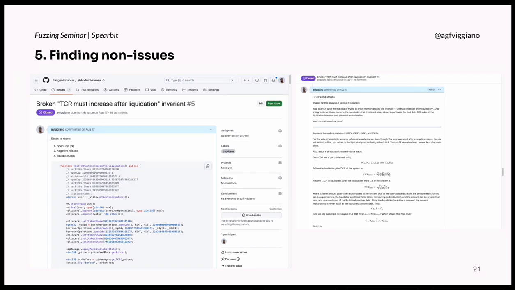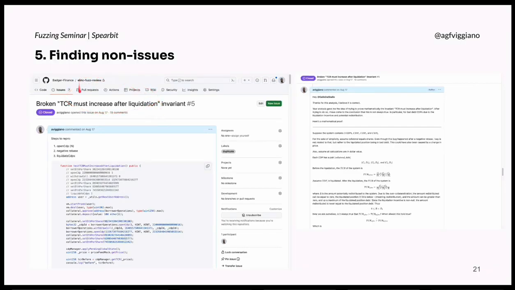So here one example was this invariant of TCR, the total collateralization ratio of the system should increase after a liquidation. It looks correct: if you're liquidating an unhealthy position, you should improve the health of the system.